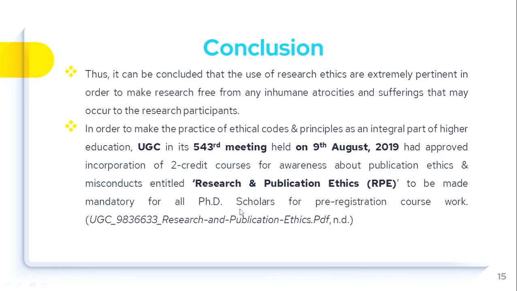Therefore, in all types of PhD registration coursework of 6 months, there is a 2 credit course that is entirely dedicated to research and publication ethics. So UGC has made it mandatory for universities to have a 2 credit course in PhD registration coursework.